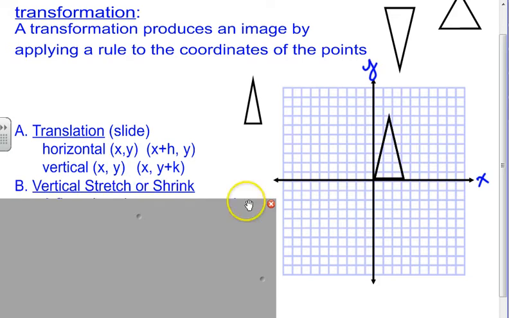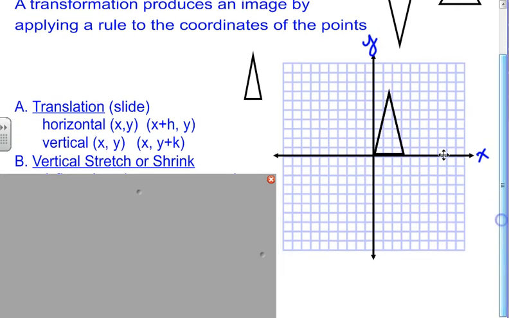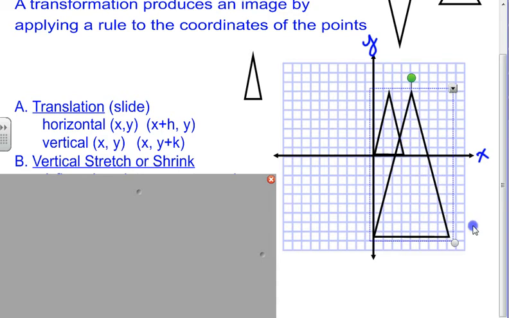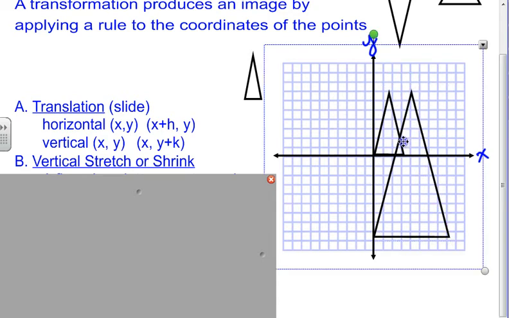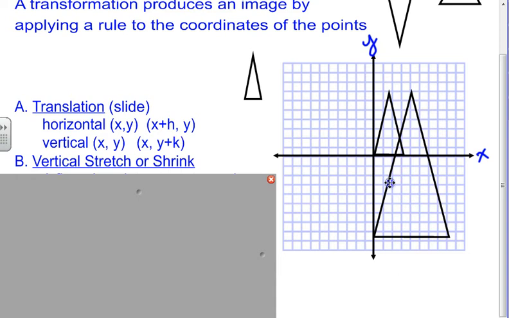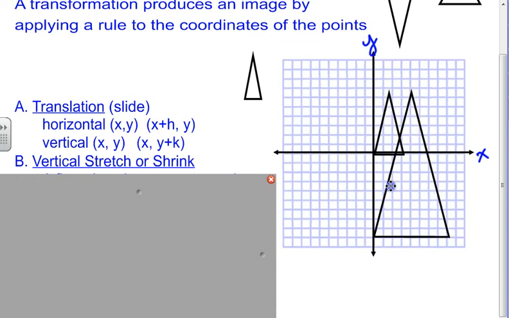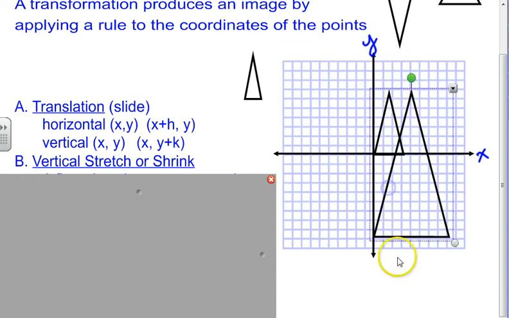So a vertical stretch or shrink is a different type of math rule. So look at, if I take this original figure here and stretch it, what do you think the math is behind that? What have I done to each point?